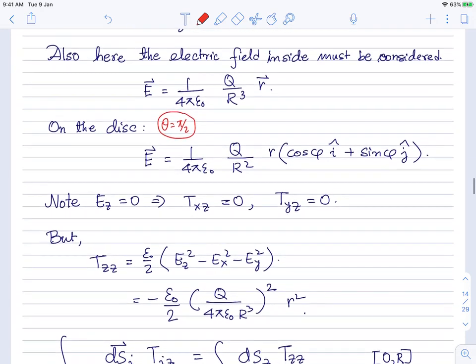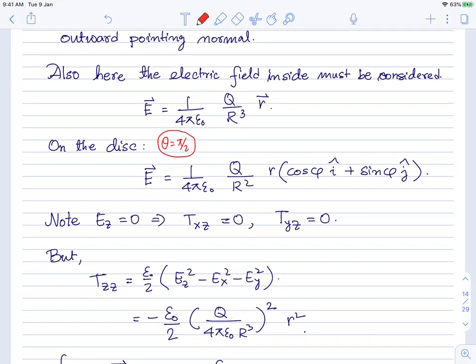So now basically, because the electric field on the disk has no z component, Ez is 0. Therefore, because Txz, as you remember, is proportional to Ex Ez, and this z component is 0, therefore it is 0. And similarly, Tyz is proportional to Ey Ez, and again this is multiplied by the Ez component, which is 0 here.